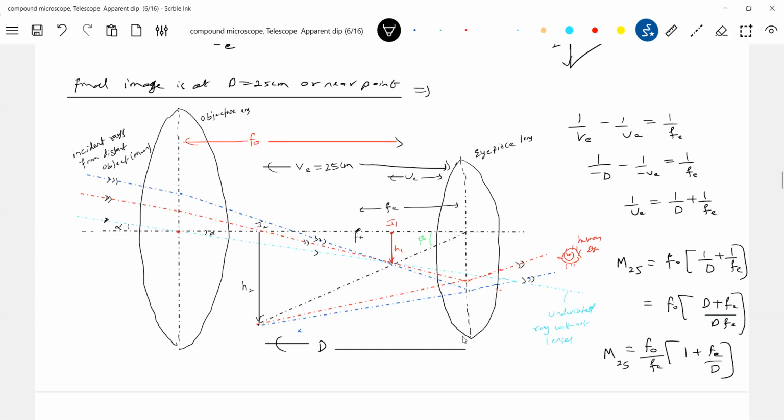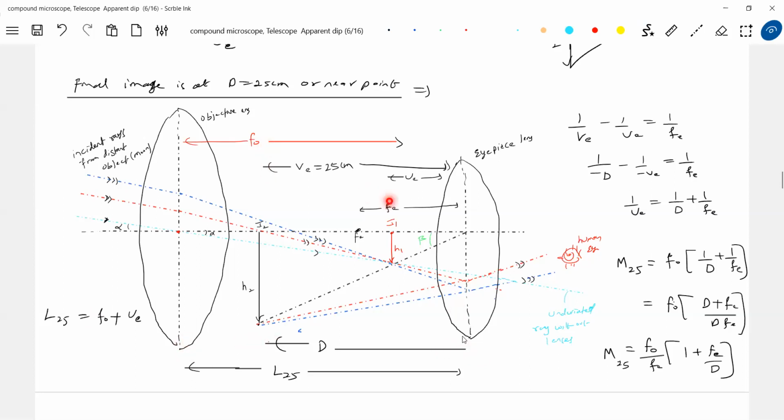Now, what is the length of the tube? This is the length of the tube, L25. It is not 25 centimeter length of the tube. D is 25 means L25 will not be 25; these are symbols we are giving. So what should L25 be equal to? This should be equal to F naught plus UE, no? You see what this distance will be? The length of the telescope, or length of the tube, it is called.